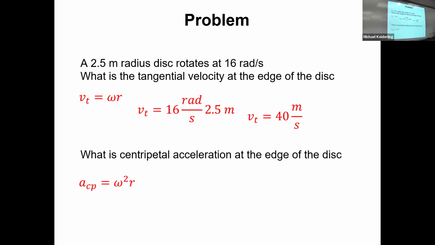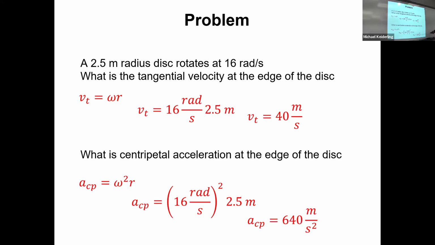Centripetal acceleration is omega squared times radius. So 16 radians per second squared times 2.5 meters, or 640 meters per second squared. You could also do tangential velocity squared divided by the radius. So 40 squared divided by 2.5 will also give you 640 meters per second squared.